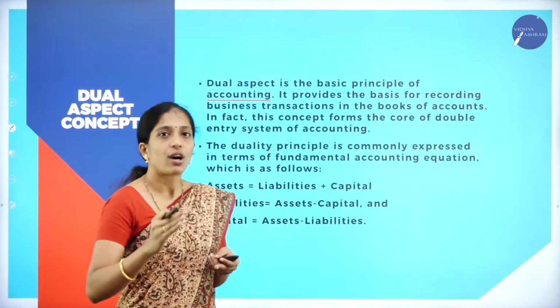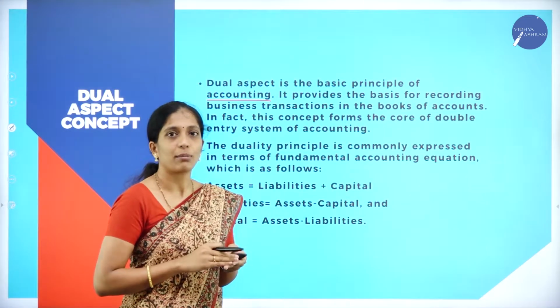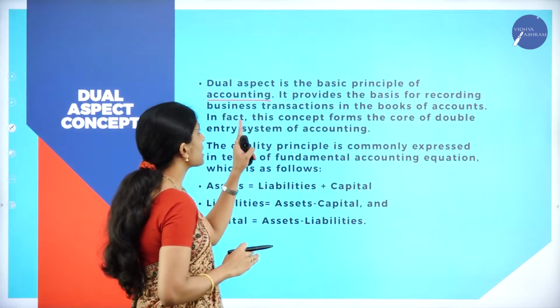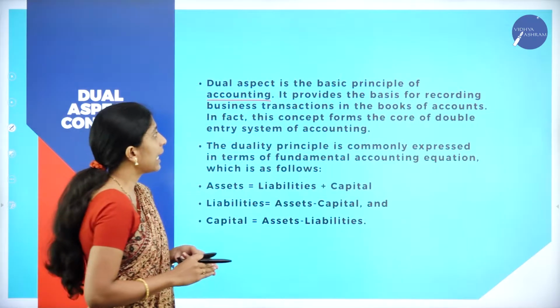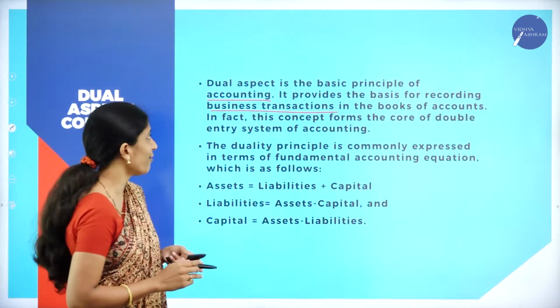So, either debit or credit. Here also, this dual aspect is nothing but double entry system of bookkeeping. So, dual aspect is the basic principle of accounting. It provides the basis for recording the business transactions in the books of accounts.